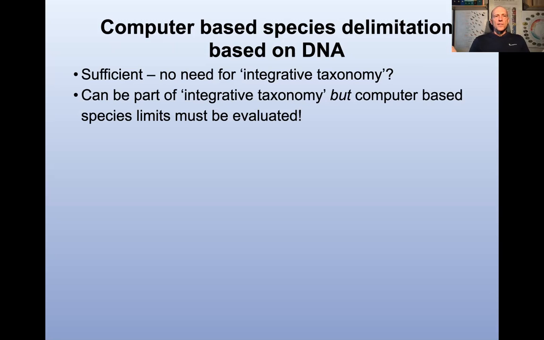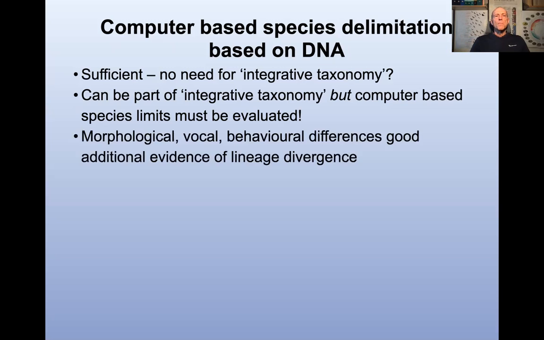Computer-based species delimitation can be used as part of an integrative taxonomic approach. But you can't just trust what the computer tells you. So if the computer tells you that you've got 3 different species here, you still need to evaluate that based on independent data.